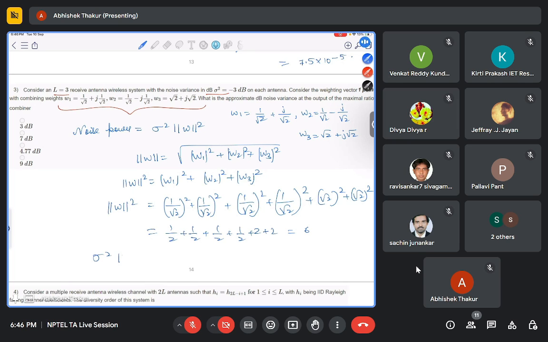And sigma square norm of W square will be, sigma square is given as minus 3 dB.